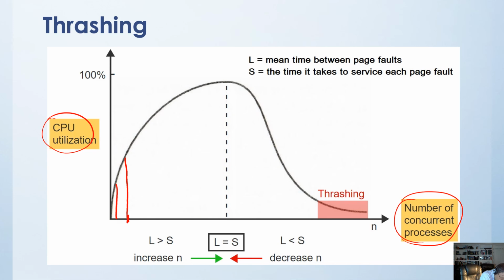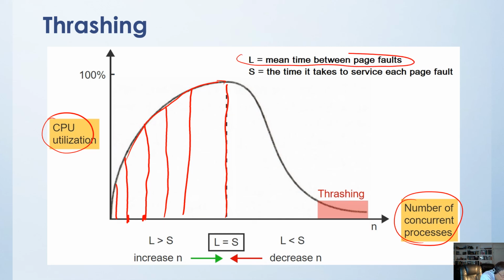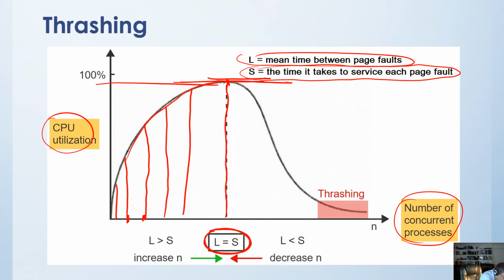When the number of concurrent processes increases, the CPU utilization increases, but the rate is slowing down. Now there's a point when L equals S, where L is the mean time between page faults, and S is the time it takes to service each page fault. When it reaches that equality, it reaches the peak. That's the peak for the CPU utilization.